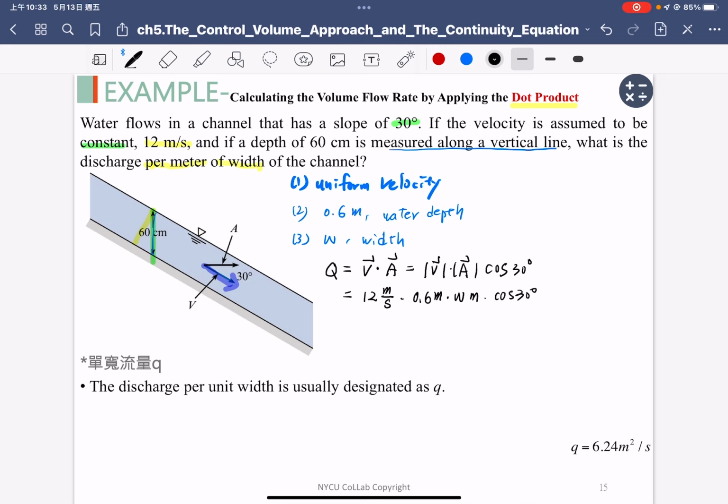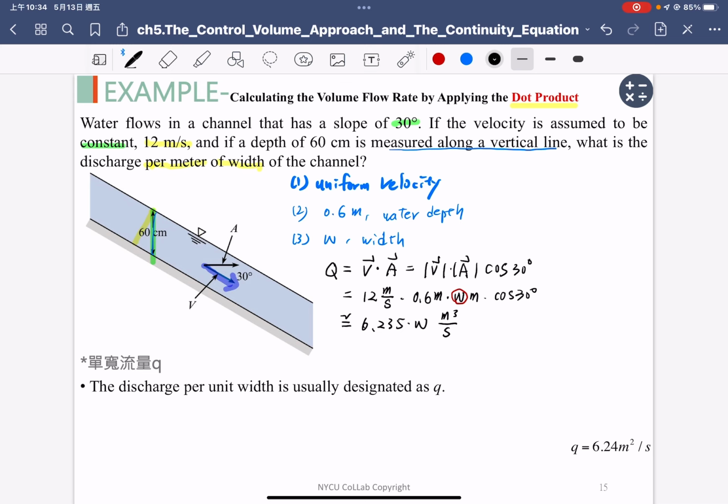So we just put all of the numbers together. 12 multiplied by 0.6 water depth, multiplied by the cosine of 30 degrees, will equal around 6.235, and the additional unknown here is W, the channel width. So we have an additional W, and the unit here is cubic meters per second.